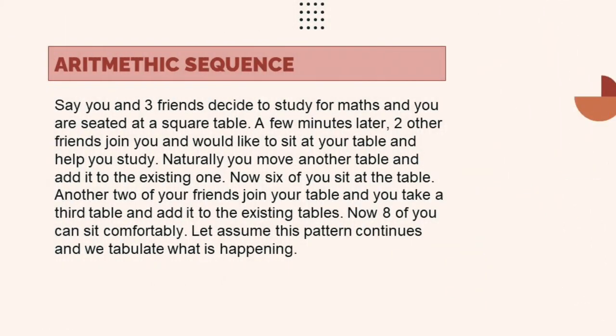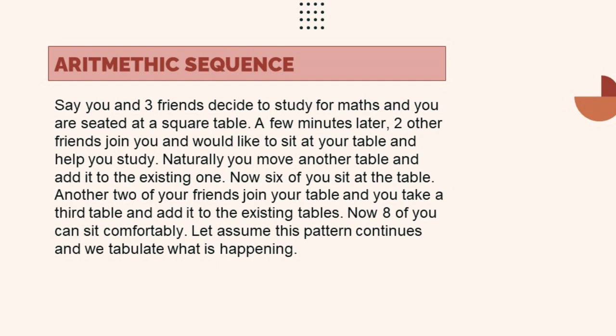Okay, the first example is arithmetic sequence. Say you and three friends decide to study for maths, and you are seated at a square table. A few minutes later, two other friends join you and would like to sit at your table and help you study. Naturally, you move another table and add it to the existing one.